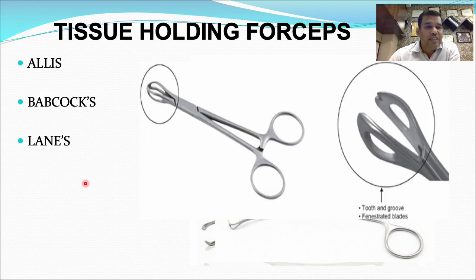Next is Lane's tissue holding forceps. So this is similar to the previous instrument. That is, this is the shaft. This is the short shaft. Then the joint. Then this is the shaft, and this is the finger bow, and this is the ratchet. The difference lies over the tip. It has a bulbous end with tooth on both the blades, and the tooth fits into the groove of the other instrument.